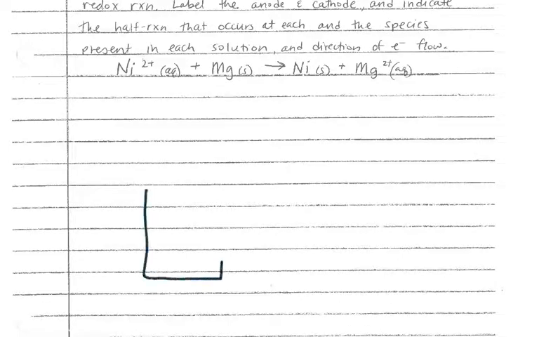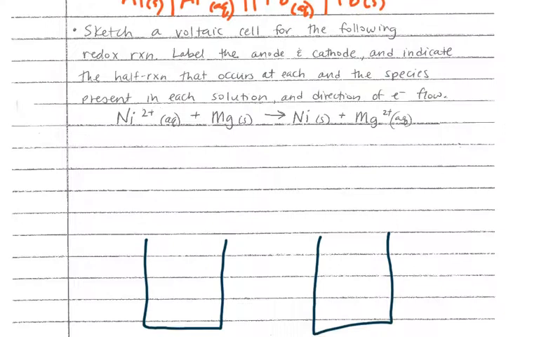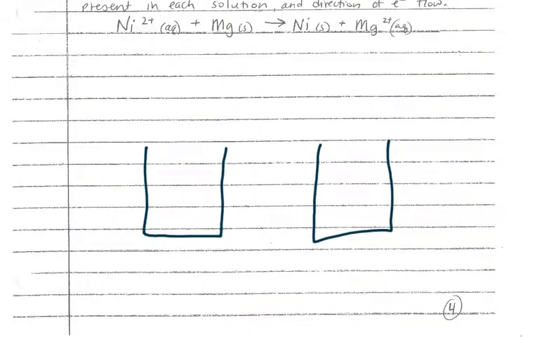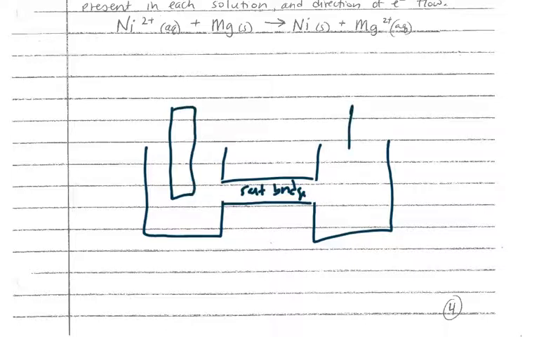So we need to have an anode and a cathode. We need to connect them with a salt bridge. And we need to have some kind of electrode, a solid piece, in here.